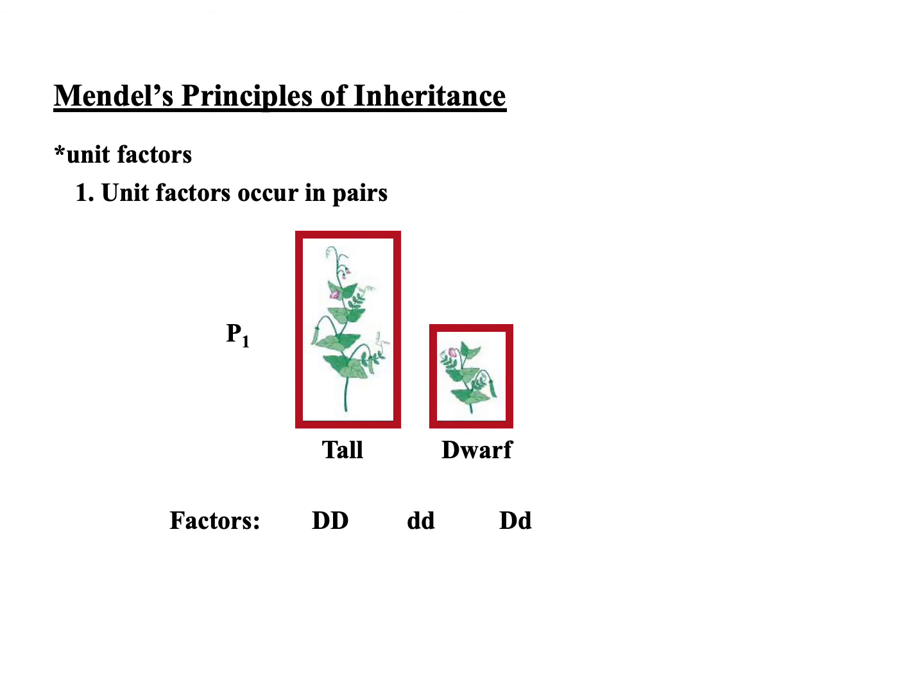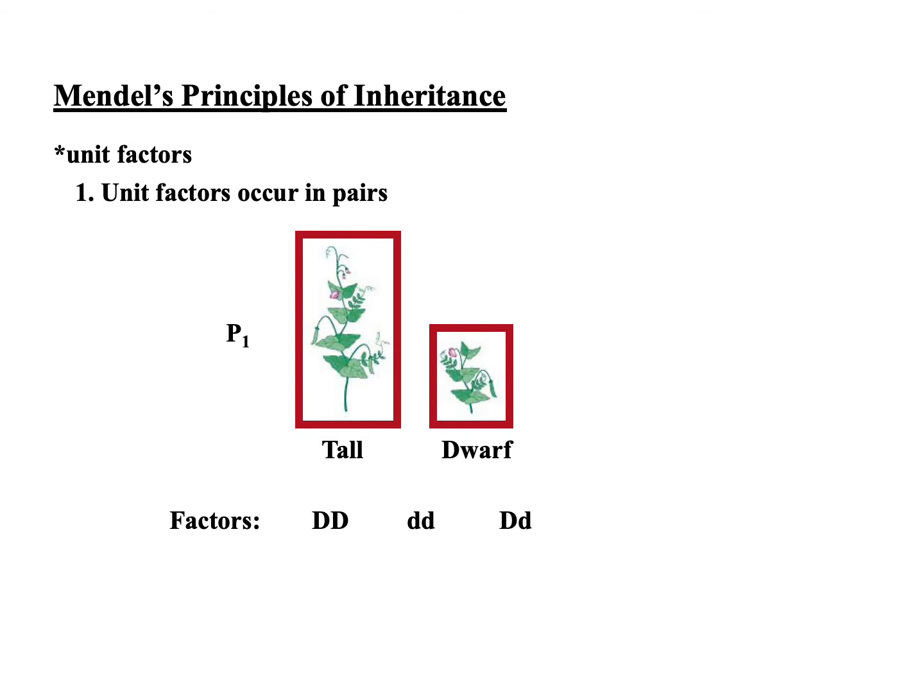In both of those cases, you had genetic information or unit factors that instructed the development of the plant one way versus the other. If the 2 sets of unit factors indicated tall, the plant would be tall. And if the 2 sets of unit factors had the dwarf information, then the plant would in fact be dwarf.